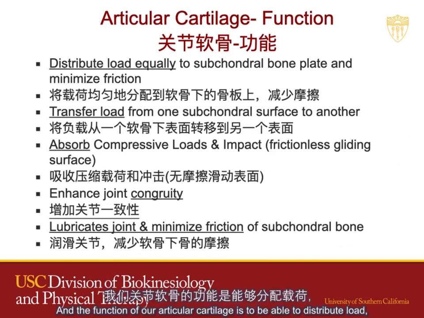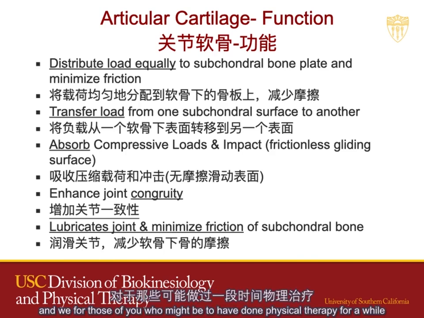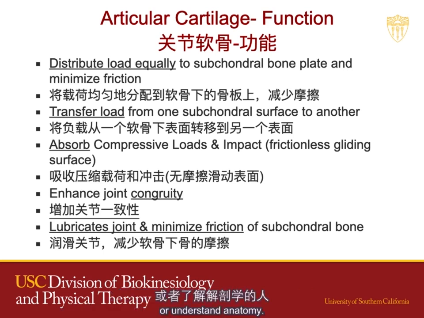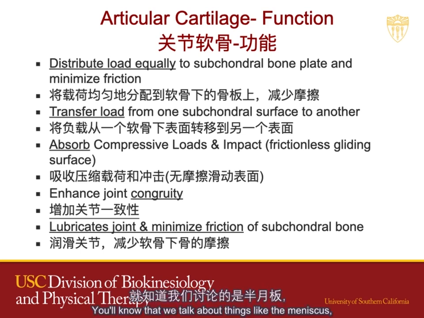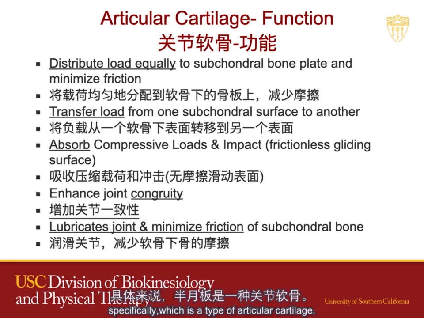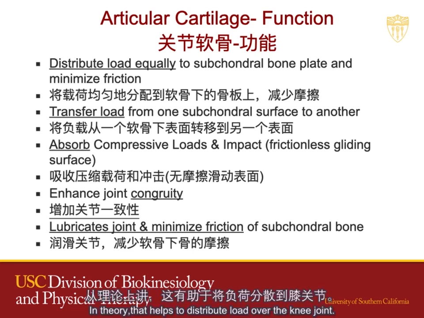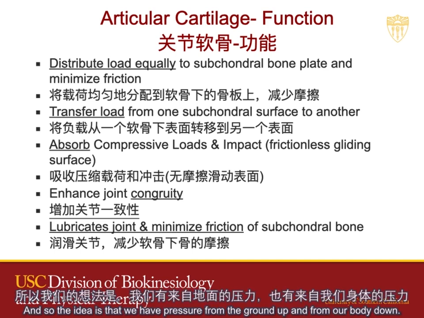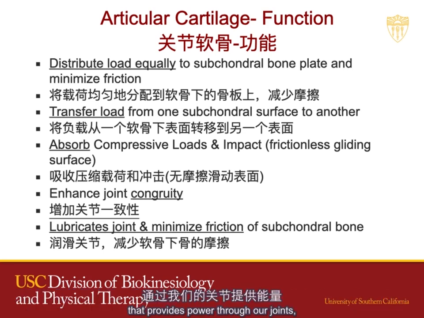And the function of articular cartilage is to be able to distribute load. And for those of you who might have done physical therapy for a while or understand anatomy, you'll know that we talk about things like the meniscus specifically, which is a type of articular cartilage in theory that helps to distribute load over the knee joint. And so the idea is that we have pressure from the ground up and from our body down that provides power through our joints.